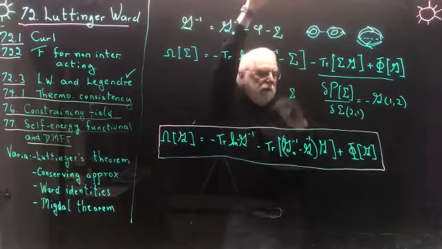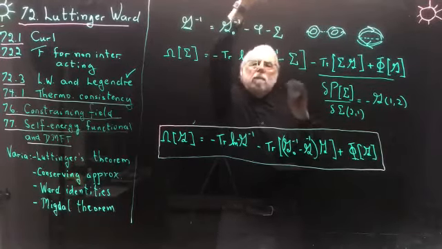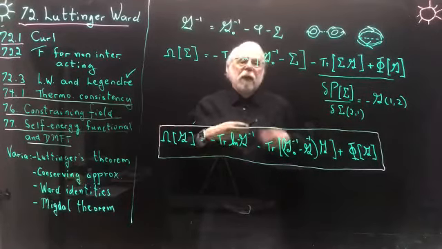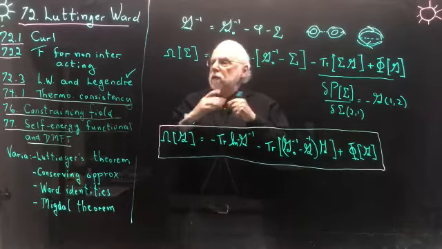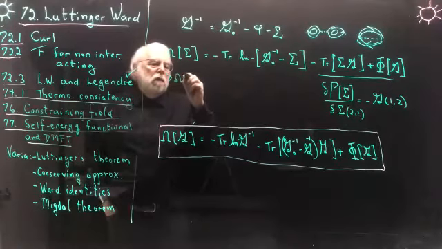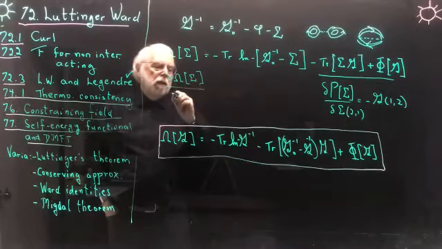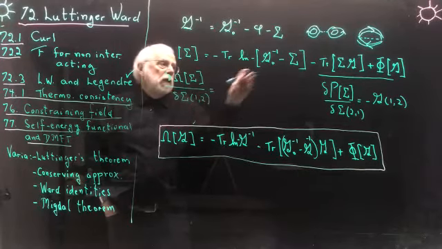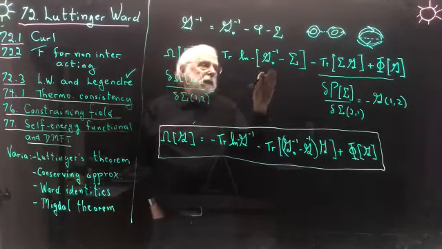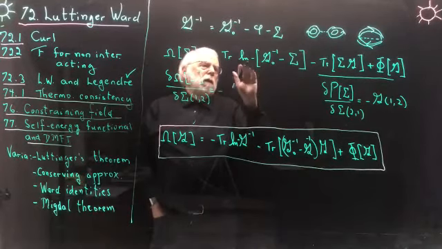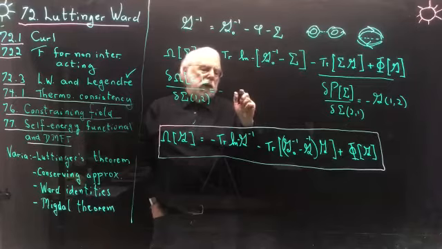Now, what happens if I take the functional derivative of this omega with respect to sigma? Then I take the derivative of this. So this is equal to minus, well, the log does not matter really.